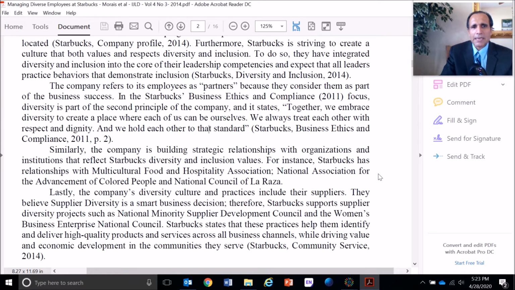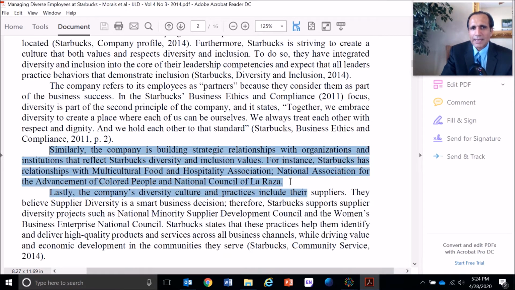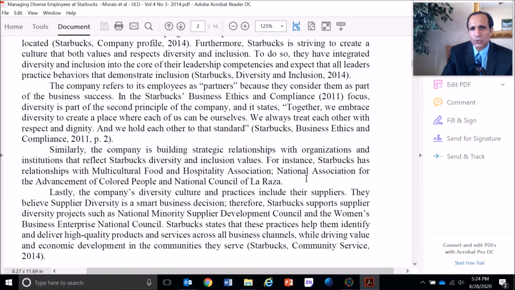Similarly, the company is building strategic relationships with organizations and institutions that reflect Starbucks diversity and inclusion values. Now, in this paragraph, it tells you the same thing.